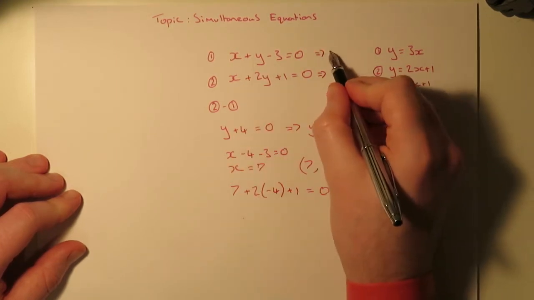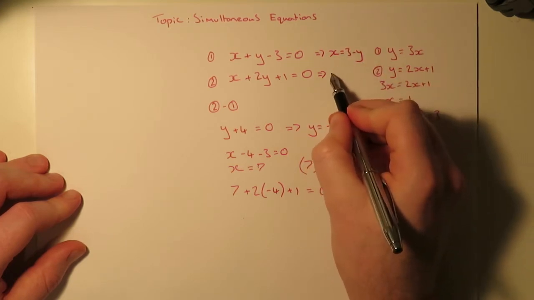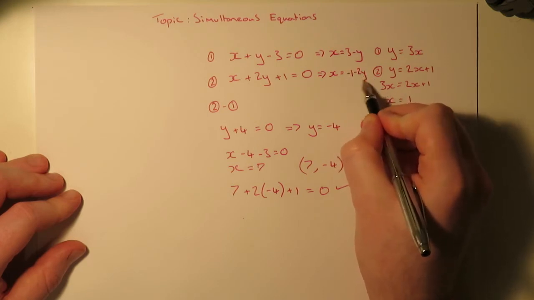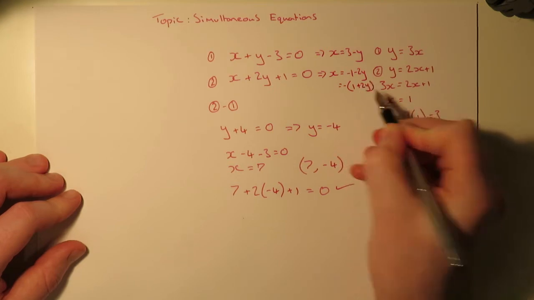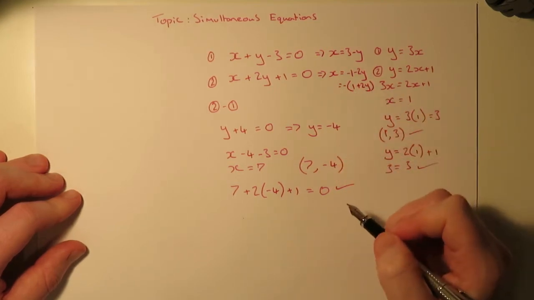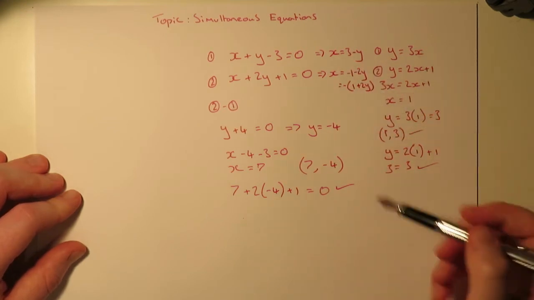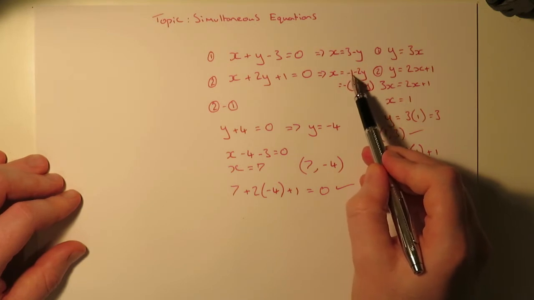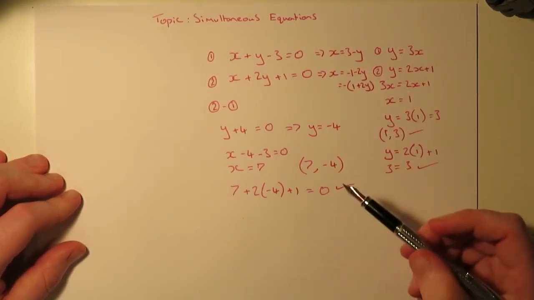This one would be x is equal to 3 minus y, and this one would be x is equal to minus 1 minus 2y. And then you can solve that very much like the first example. You can say that 3 minus y is equal to minus 1 minus 2y, and the steps will be the exact same as this.